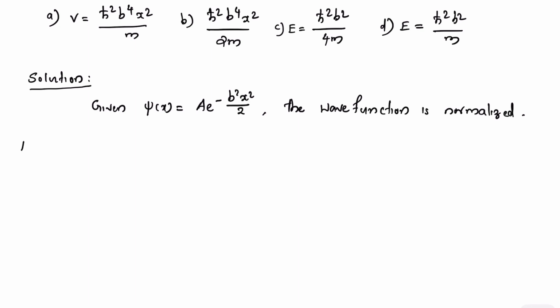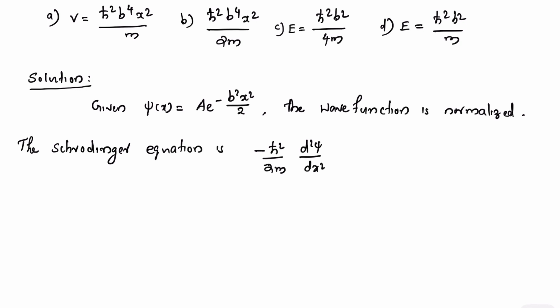Now let us write the Schrodinger equation: minus h bar squared by 2m d squared psi by dx squared plus V of x into psi of x, which is nothing but E into psi of x.